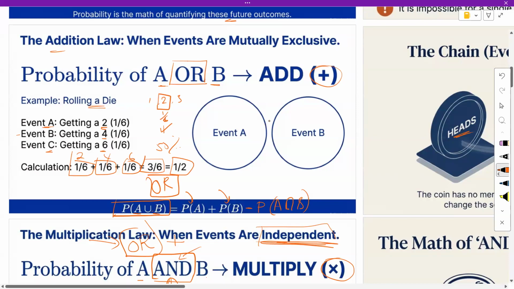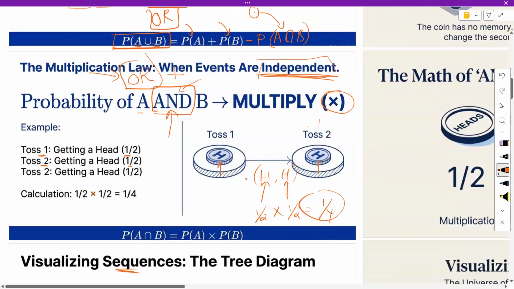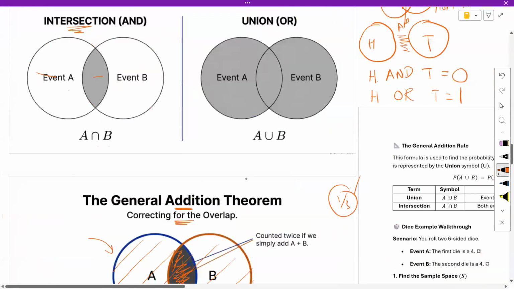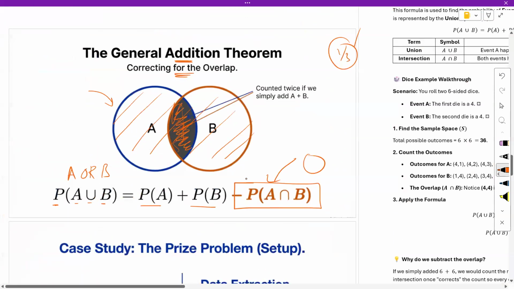Here there is no intersection, so this value equals 0. Right? So, the general addition theorem says this is the final formula.